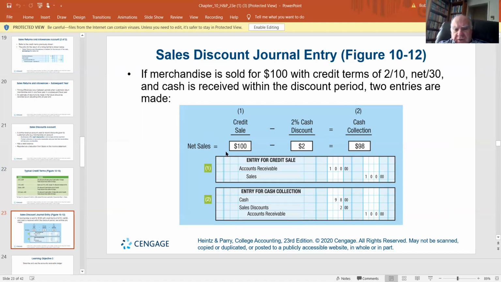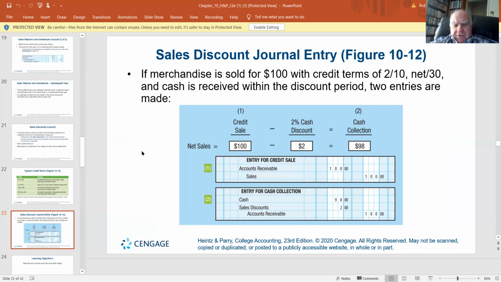So our first journal entry is a debit to accounts receivable and a credit to sales. We all know that, right? Debit AR, credit sales, to record a sale to customer. At that point, we don't know if the customer is going to take the discount or not. We cannot anticipate that one way or the other. We just have to wait.